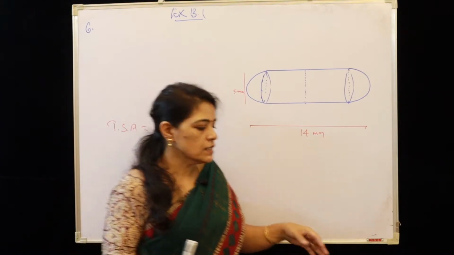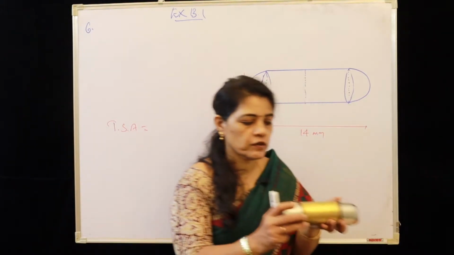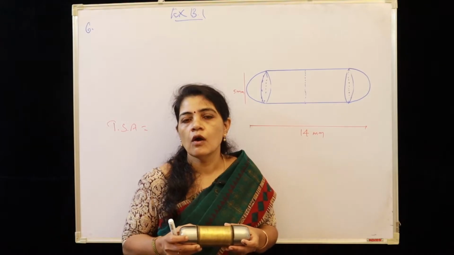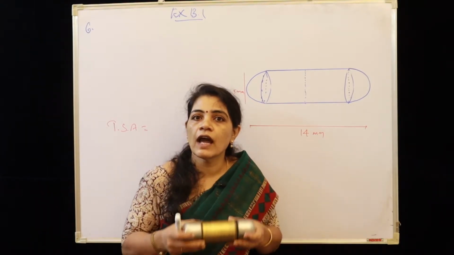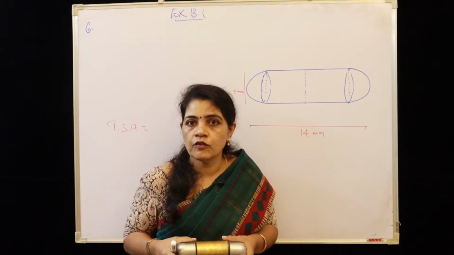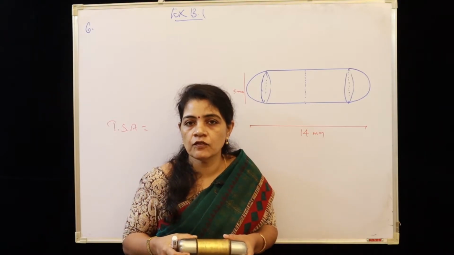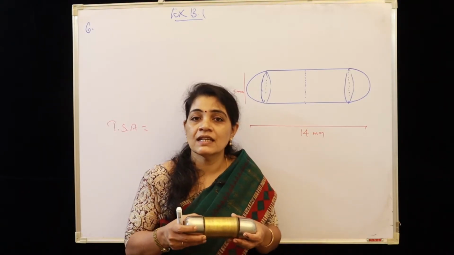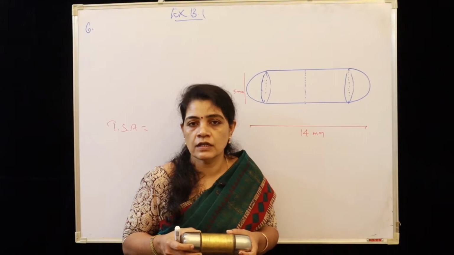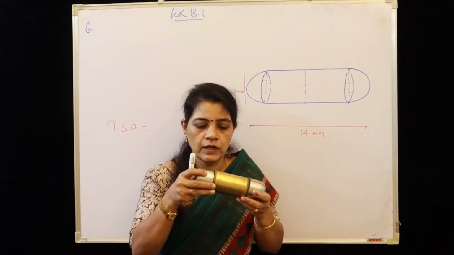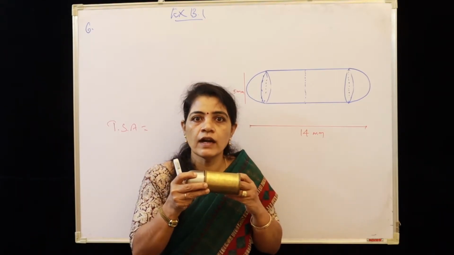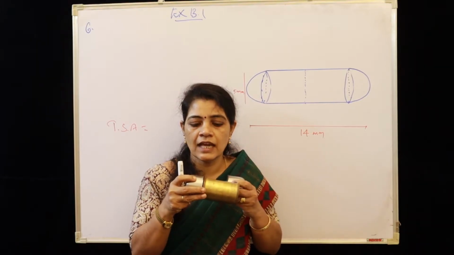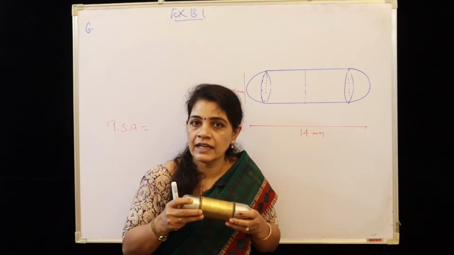So this is the visualization of the capsule. We don't have a single formula for getting the surface area of the capsule. We have to consider it as a combination of figures: two hemispheres and one cylindrical portion. The capsule can be divided in this manner.